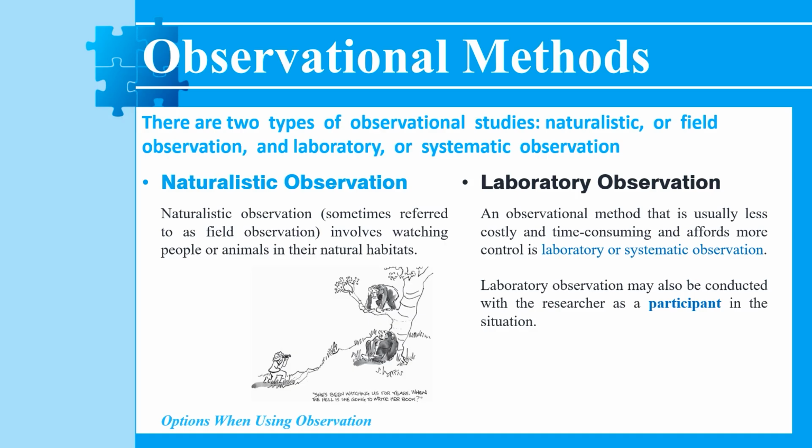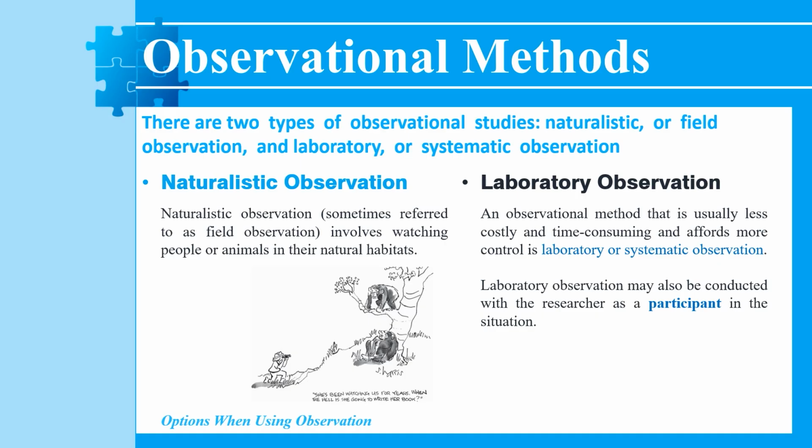And about naturalistic observation, that you can see on the screen here, sometimes referred to as field observation, involves watching people or animals in their natural habitats. The greatest advantage of this type of observation is the potential of observing natural or true behaviors.